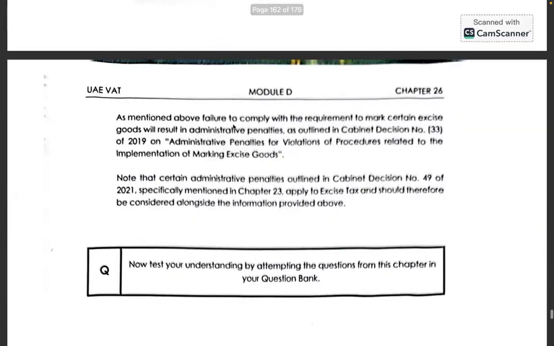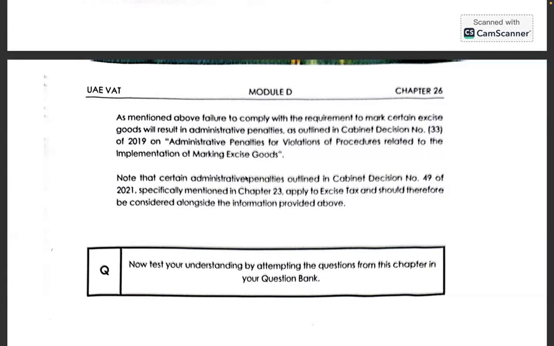As mentioned above, failure to comply with the requirements to mark certain excise goods will result in administrative penalties as outlined in the Cabinet Decision 33 of 2019 on administrative penalties for violations of procedures related to the implementation of marking excise goods.